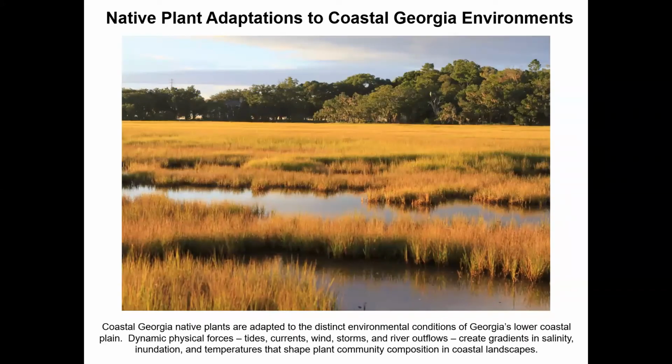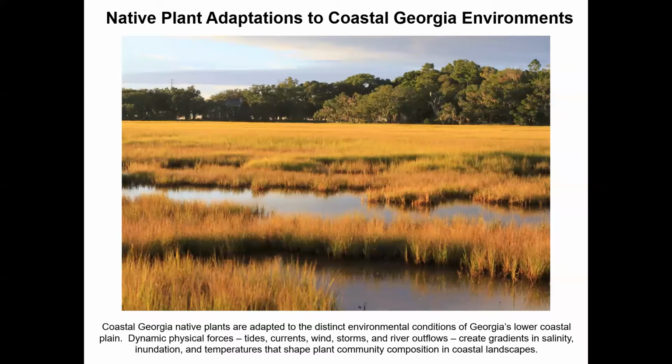So what does that mean for a native plant that is found in coastal Georgia environments? Many people would say that these are quite extreme conditions for a native plant. Well, the native plants have adapted to these extreme and very distinct environmental conditions. And we have very dynamic physical forces that make it quite amazing to see how these native plants have evolved and adapted.